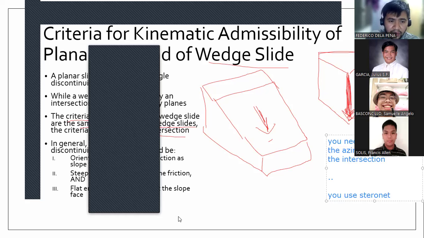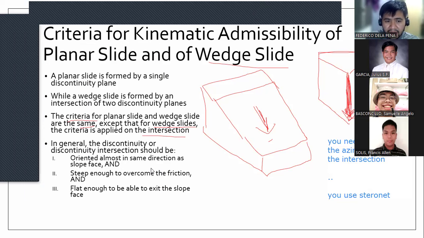Let's proceed to the criteria for the planar and wedge failures. You have three criteria. The first criterion is that their orientation should be more or less parallel to the orientation of the rock slope face. The second one is that the dip angle has to be steep enough to overcome the friction between the rock particles, and at the same time, flat enough to be able to exit the slope face.